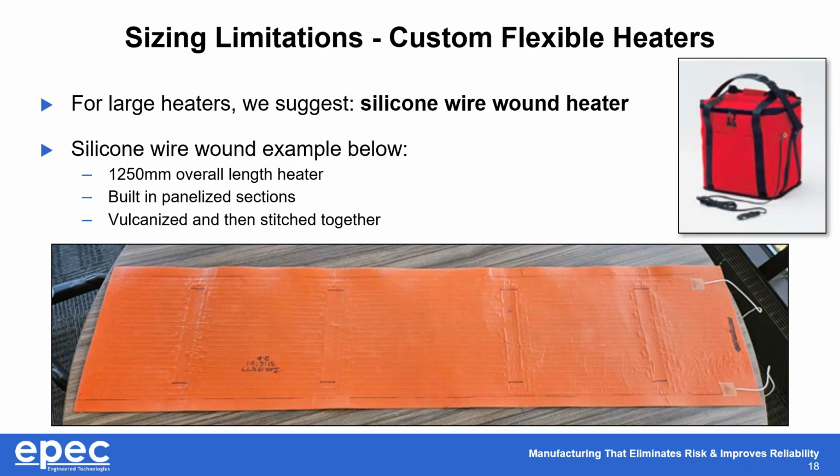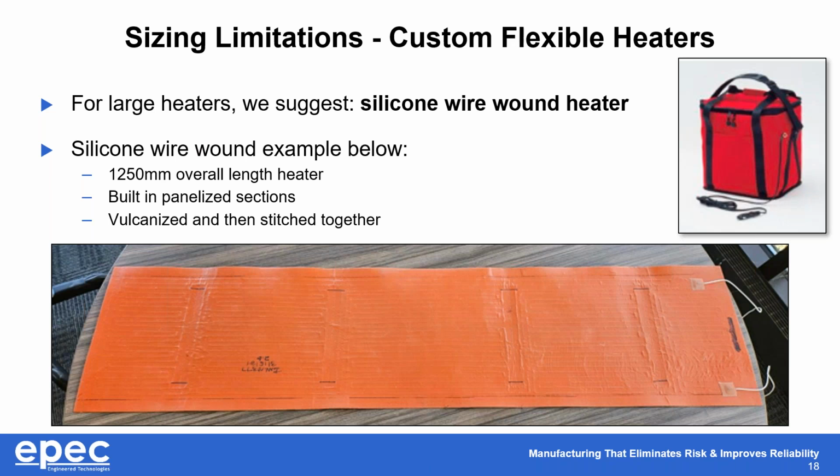This is important because these types of large heaters can only be built in panels and then further assembled. Within that, the silicone with wire-wound heating element are the heater designs that we can make very, very large. We do have size limitations if a polyimide or etched foil heater is necessary. We cannot make them over 1 meter long.